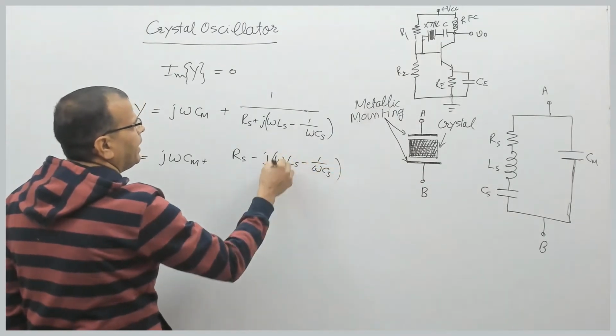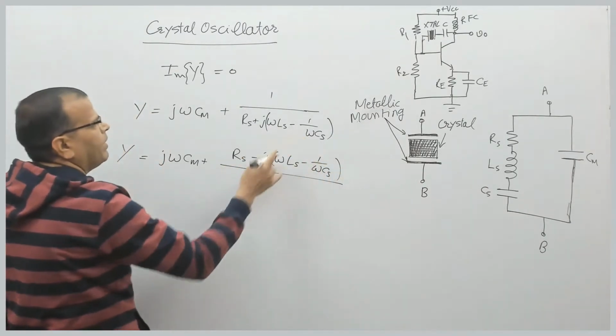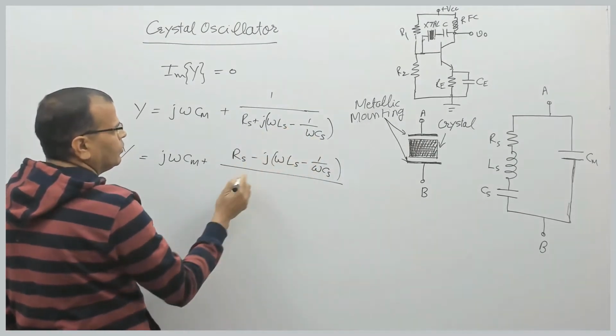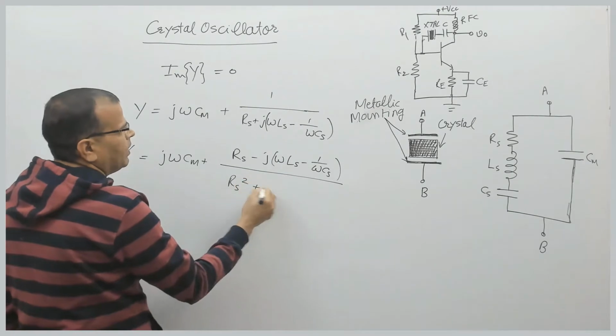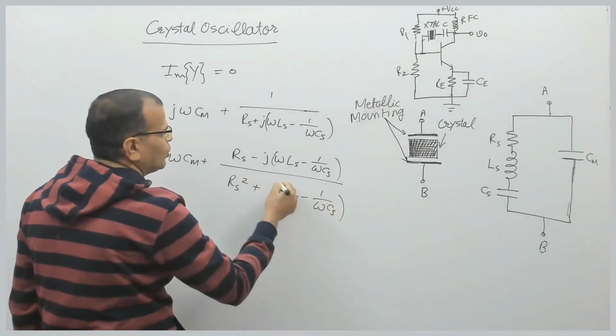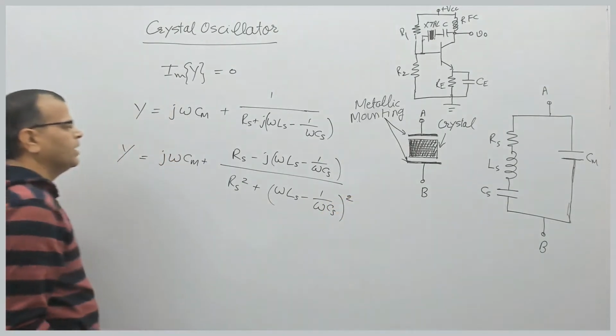We multiply it and divide by it. When you divide by this term, you will be multiplying this by this, so you get Rs square plus omega Ls minus 1 by omega Cs whole square. That will be the denominator, right?